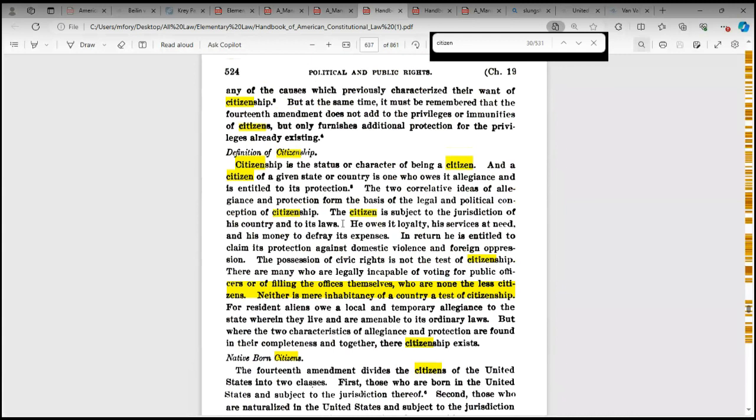Oh, I didn't read this part. But at the same time, it must be remembered that the 14th Amendment does not add to the privileges or immunities of citizens, but only furnishes additional protection for the privileges already existing. So they're talking about the first privileges and immunities, meaning the privileges and immunities of a state citizen.